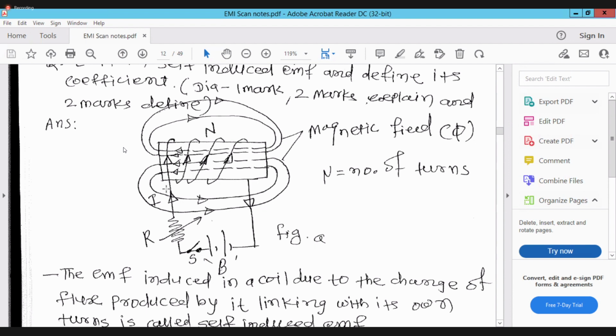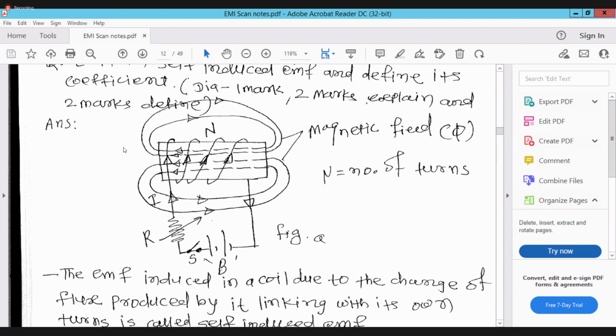When current enters from terminal 1, the direction of the current in the coil is upward. And when current enters from terminal 2, the direction of the current is downward on the front side, because we cannot see the backside coil. We are taking the direction of the current on the front side of the coil.